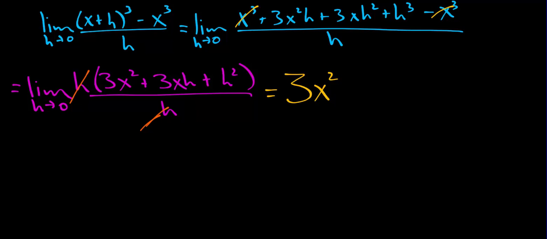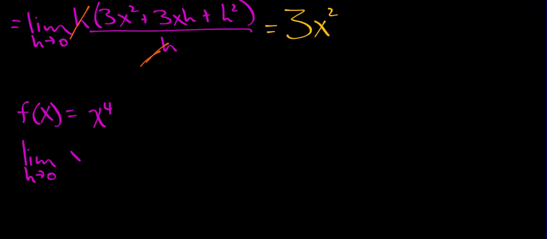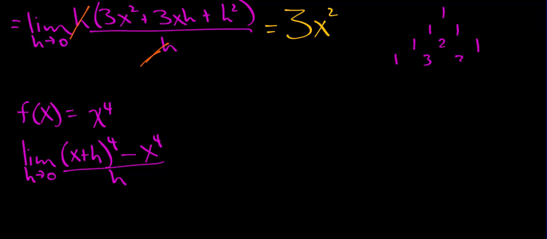Let's try x to the fourth. So we've got f of x equals x to the fourth. And there's the initial setup. Now remember, one of the suggestions I made was you can use Pascal's triangle to generate those coefficients.